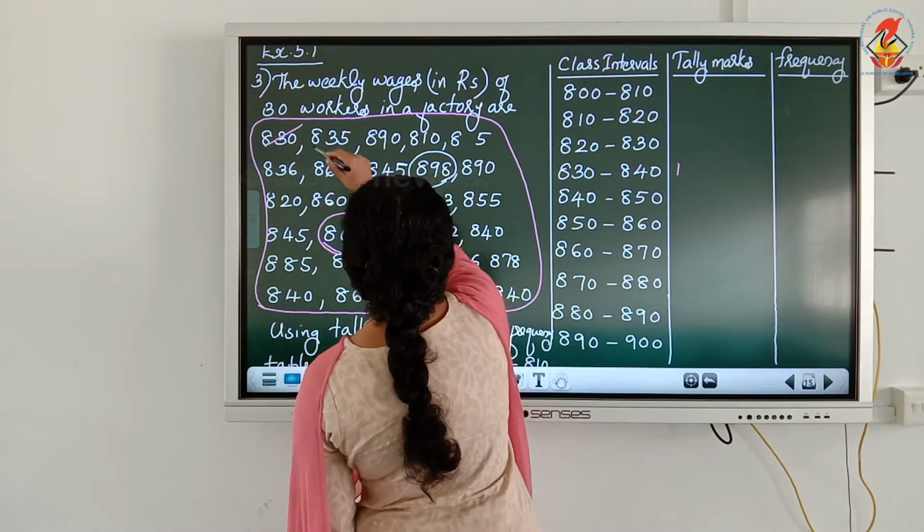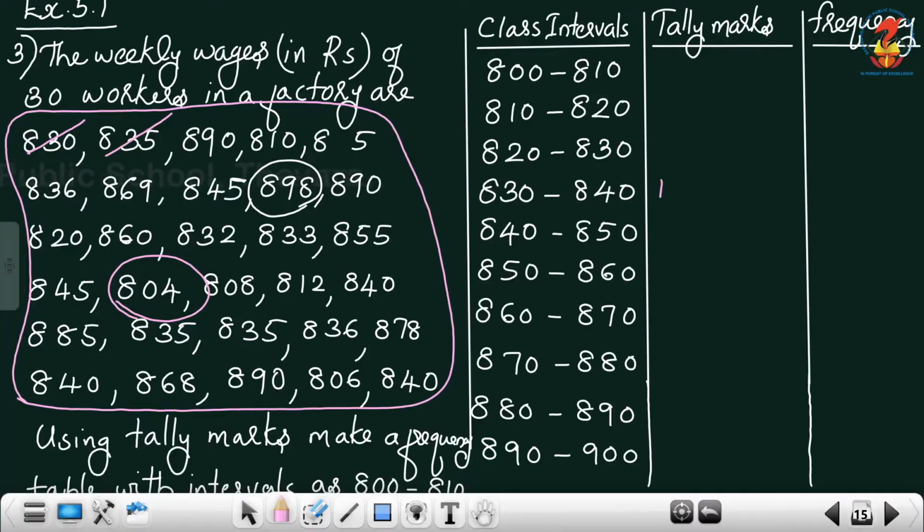Next one 835. Then 890. So, 890 will come in the group 890 to 900. Out of the two class intervals, 880 to 890 and 890 to 900, you have to include that value in the higher class interval.